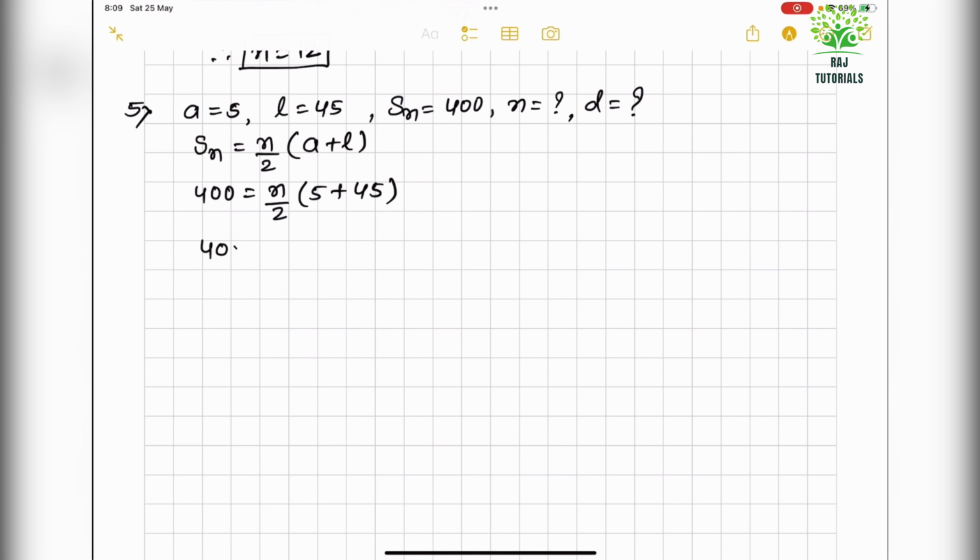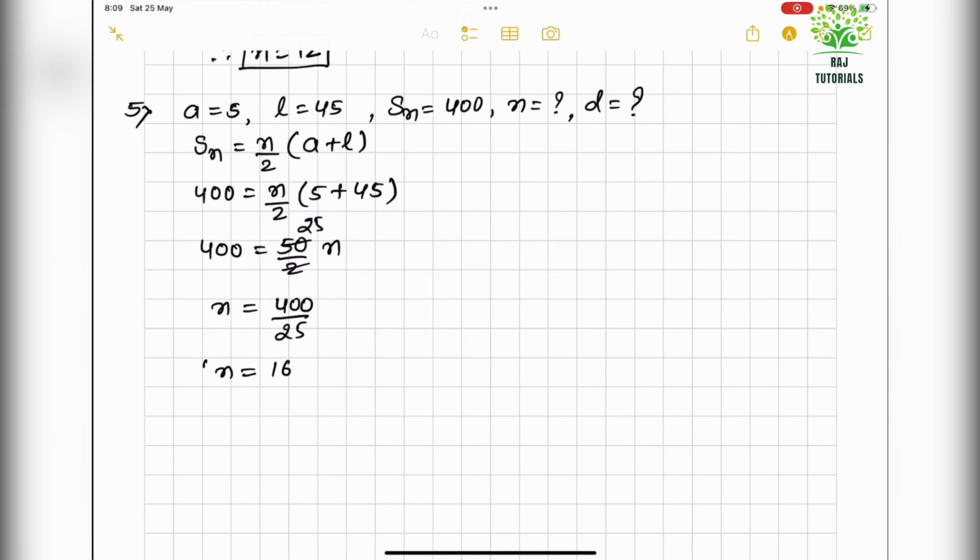So 400 equal to 50 by 2 n. So n equal to 400 by 25. So n equal to 16.